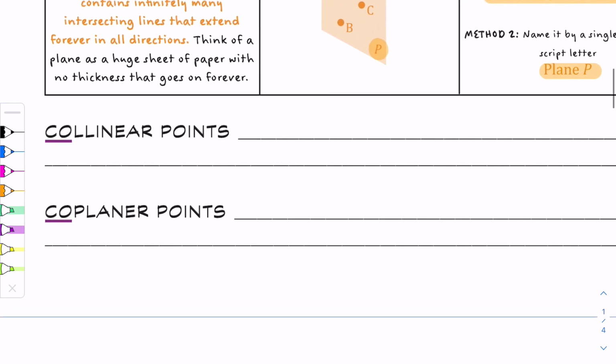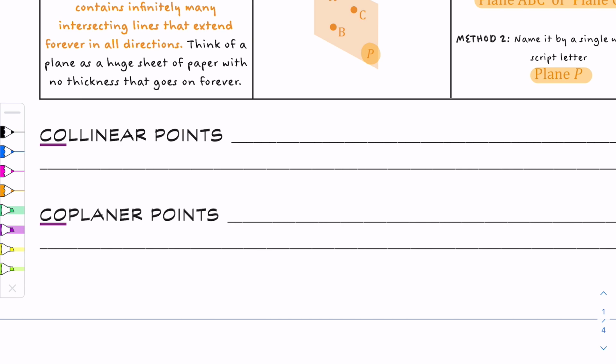We're going to add a little bit to these by talking about collinear points and coplanar points. So I would describe collinear and coplanar exactly how they sound. Starting with collinear, if something is collinear, that means it's points that are on the same line.